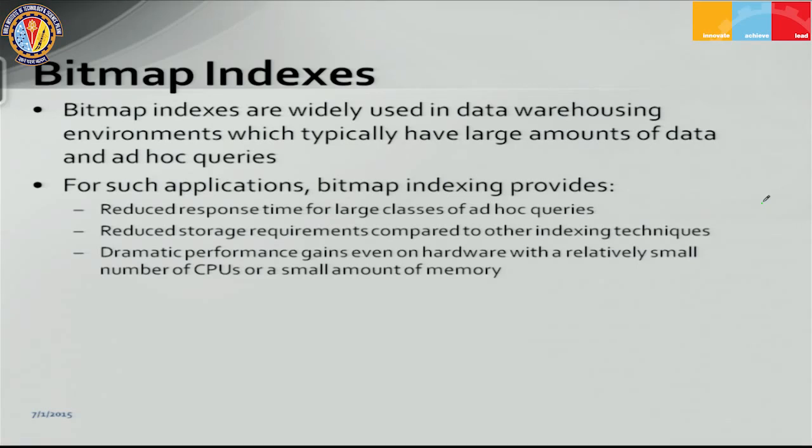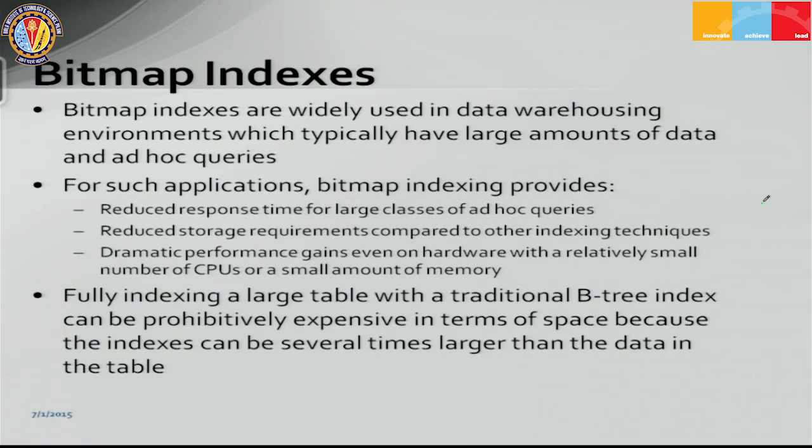For such applications, bitmap indexes provide reduced response time for a large class of ad hoc queries, reduced storage requirements as compared to other conventional tree or hash based indexing structures, which we have already seen, and dramatic performance gains even on hardware with a relatively small number of CPUs and small amount of memory. So it is not very compute intensive.